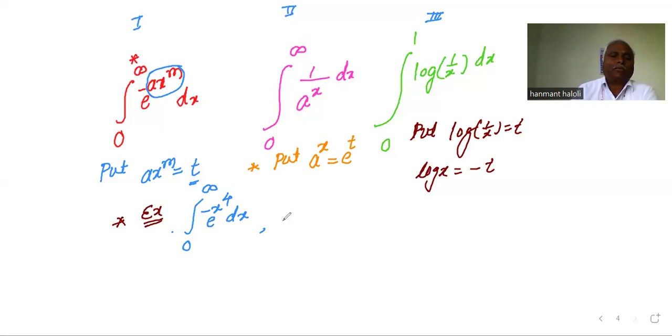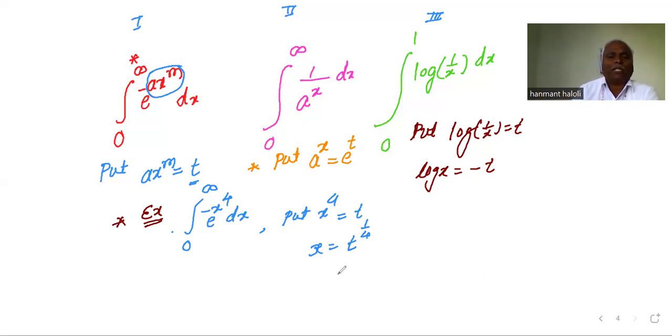In such cases, put x raised to 4 equal to t. Therefore, by taking the fourth root on both sides, x equals t raised to 1 by 4.